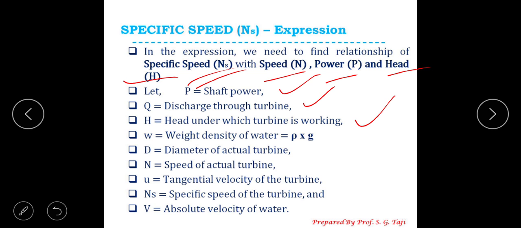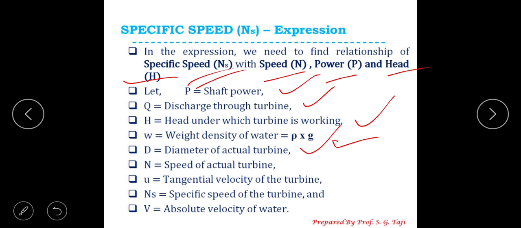W is the weight density of water, rho into g, where rho is the mass density and g is the acceleration due to gravity. D is the diameter of the actual turbine, whereas Ds is the diameter of the specific turbine. That is shown in the figure.